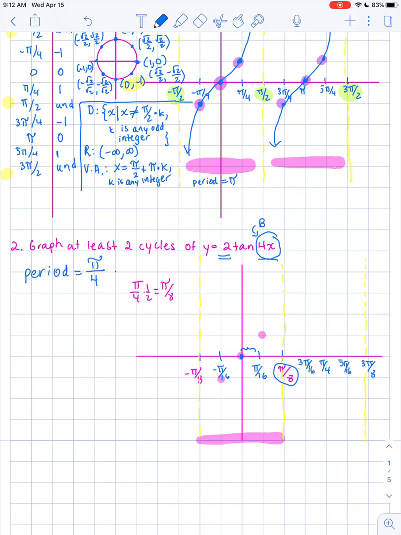However, this point right here, if you were to take pi over 16, 1 and times it by 2, it does cause a stretch of that 1 to be 2. And then same on the negative side. At negative pi over 16, this point right here that was negative 1 gets stretched to negative 2.